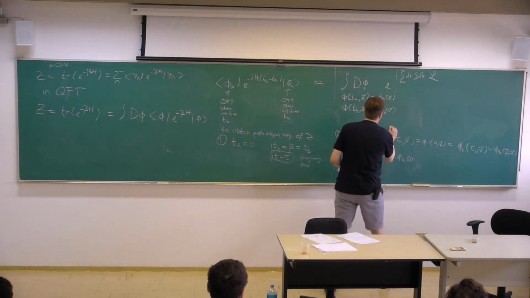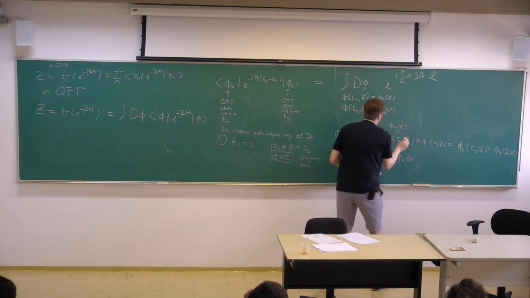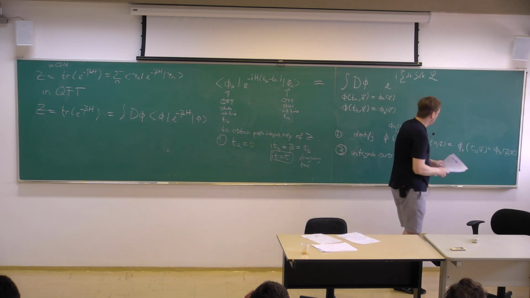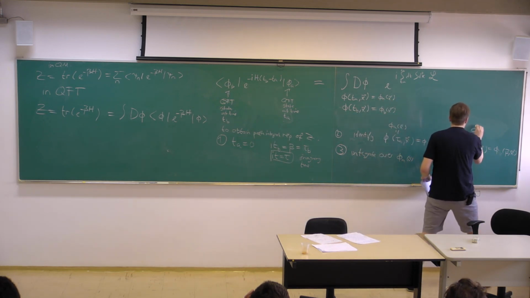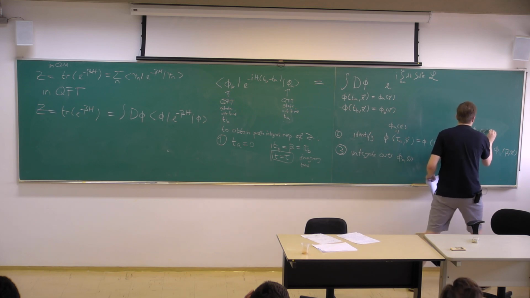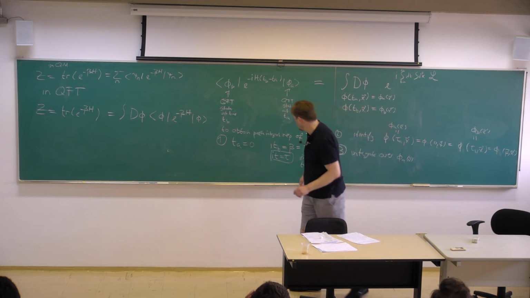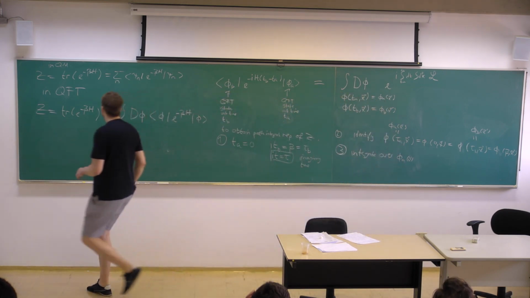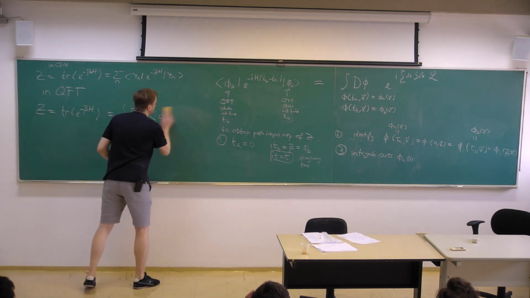Phi A of x is defined as the field at tau A, x, and this is what I called phi B of x. Just remember this, because I will erase it now to have some space.